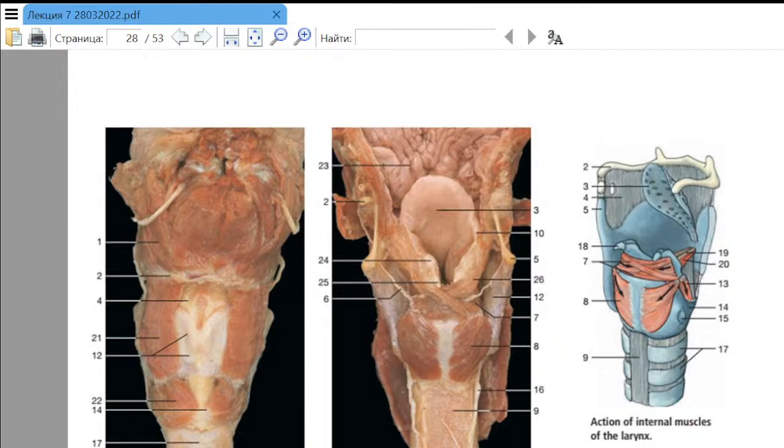For example, musculus arytenoideus transversus. Next, musculus arytenoideus obliquus.